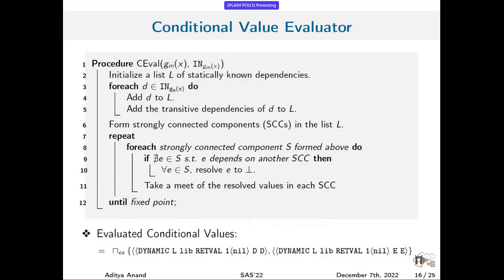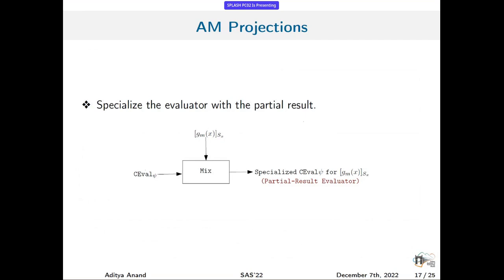If you remember, in partial evaluation we had a specialized program and an interpreter, which we used to specialize and get a specialized interpreter. Here also, in a similar way, we have an evaluator and a specialized conditional value. What we propose next is a set of AM projections, where we specialize this conditional value evaluator in the same way the first Futamura projection was specializing interpreters for a particular program.